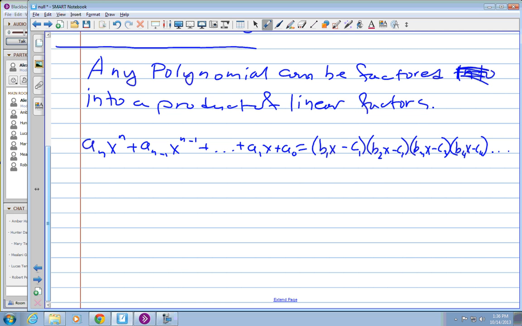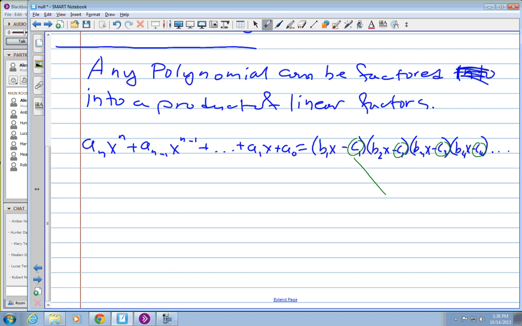Now think about foiling the right-hand side. If you foil the right-hand side, at some point you'll multiply C1 by C2 by C3 by C4. At some point you'll multiply all the constants together. Do you agree with that?